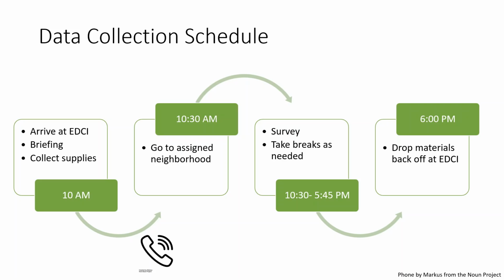You can take as many breaks as you need. We'll have already given you your lunch, so you can take a lunch break whenever you need to. And when you're about to come back, you will text or call me again to let me know that you're coming back. You'll come back to EDCI and you'll drop the materials off. And I'll make sure that the tablet's there, the charger's there. You're going to want to make sure that all the completed surveys are there. And then you can go home.